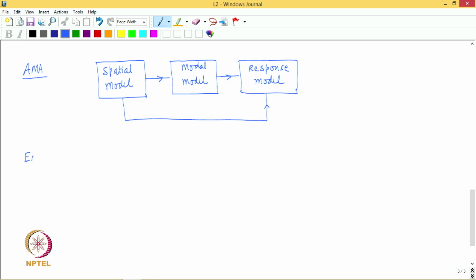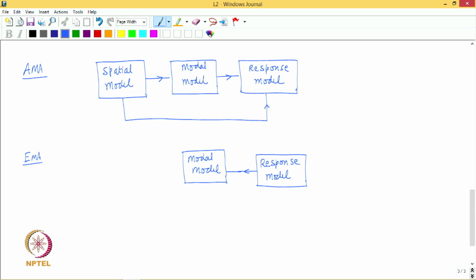So, in experimental model analysis, we start from the response model, because that is something obtained by measurement, the FRFs. And from this response model, the analysis of the response model gives the modal model. We identify these modal characteristics which form the modal model.